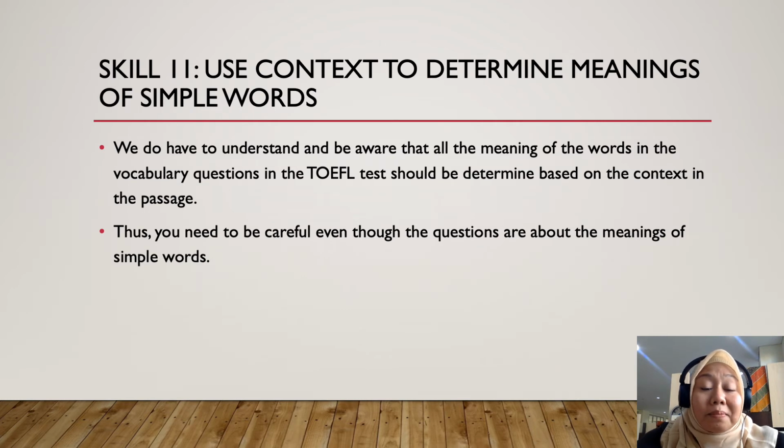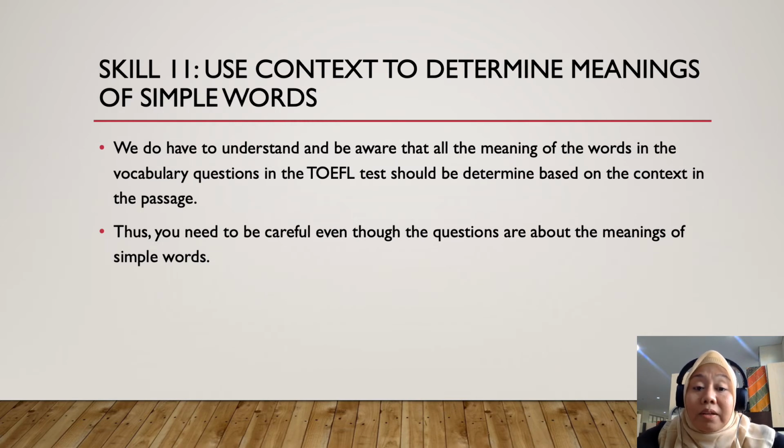Because a word sometimes has various meanings, right? So you have to see the context to really know what the word means in context. Okay, so basically we have to understand and be aware that all the meanings of the words in the vocabulary questions in the TOEFL test should be determined based on the context in the passage.